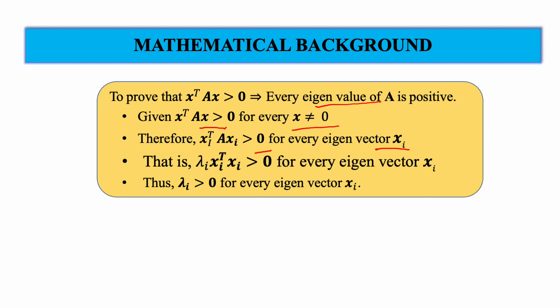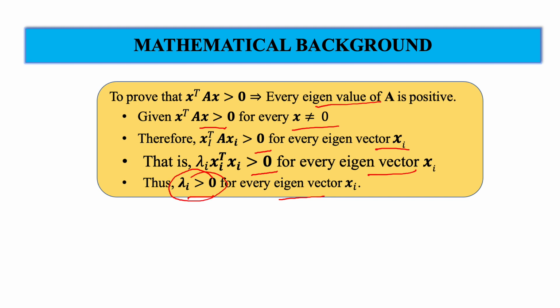Since xi is an eigenvector, the corresponding eigenvalue is lambda i. So we can write lambda i xi transpose xi greater than 0 for every eigenvector, which gives us that lambda i has to be greater than 0 for every i. So this shows that matrix A, which is symmetric, is positive definite if and only if all its eigenvalues are strictly positive.